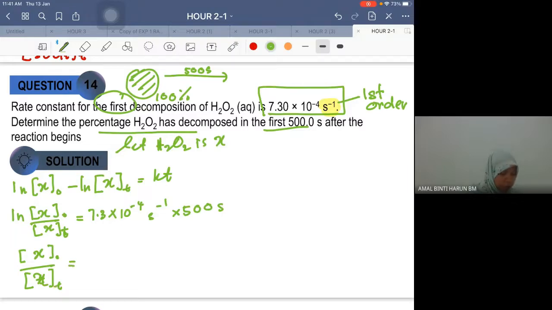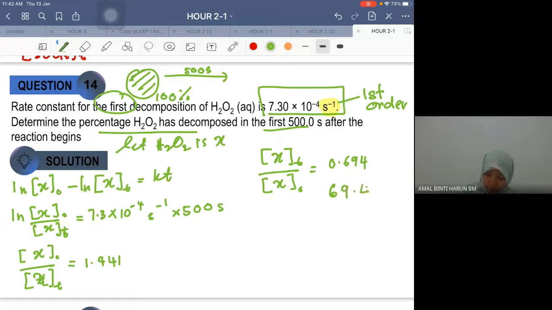Okay. Shift ln, the answer is 1.441. Okay. Lepas tu kita terbalikkan dia, kita dapat fraction yang remain, final concentration over initial concentration. You dapat dia punya fraction is 0.694, which is 69.4%. Okay, this is the remaining.